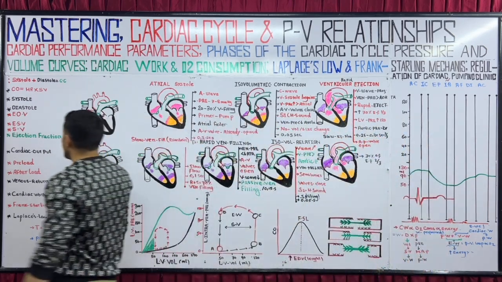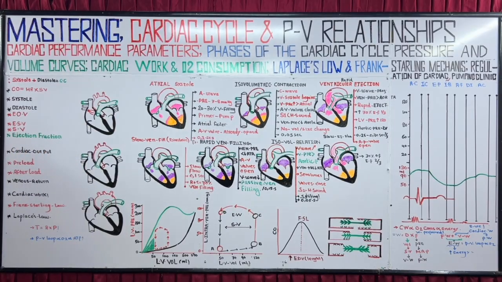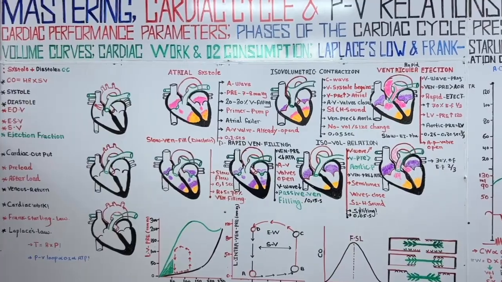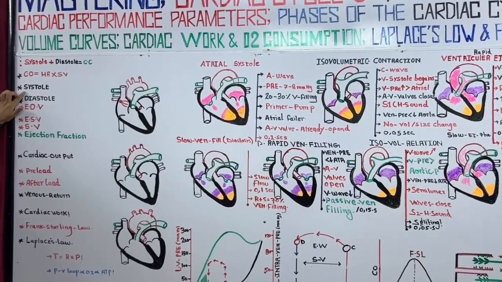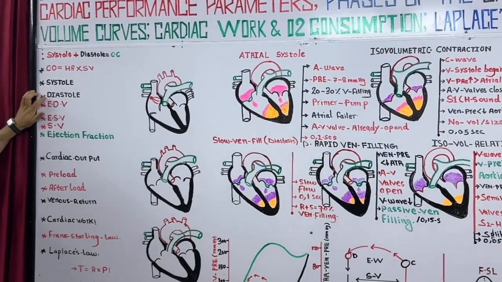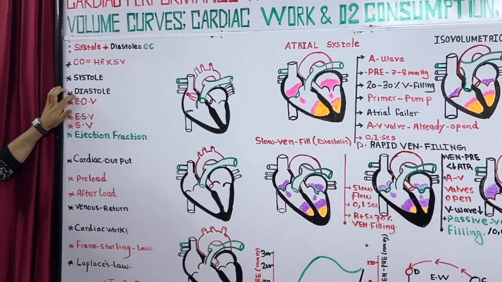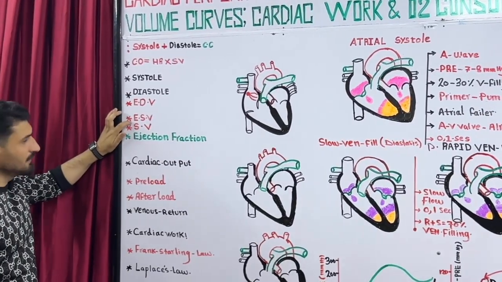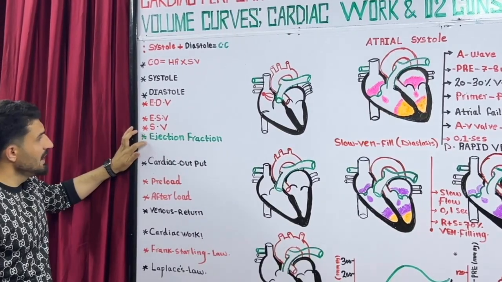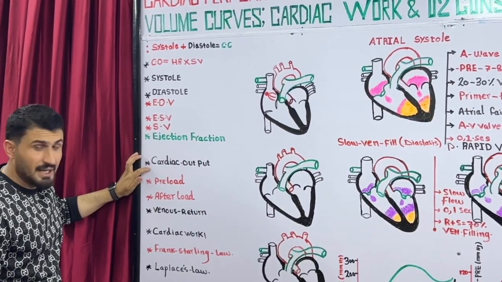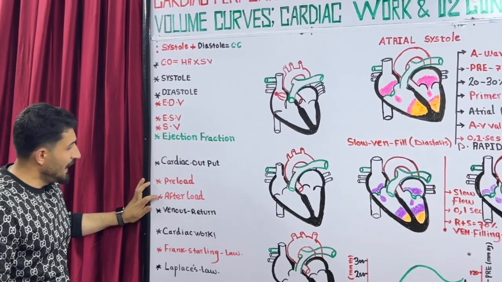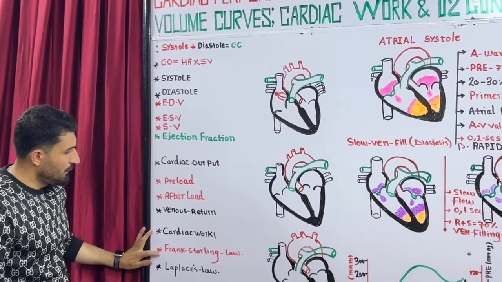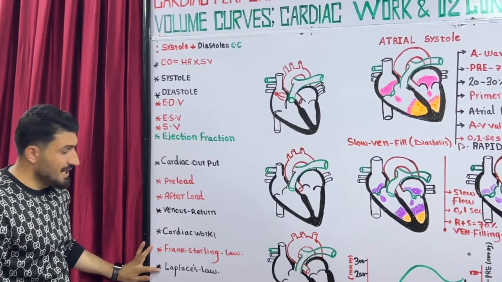So first of all, let me tell you what a systole is and what a diastole is. Then we will talk about end diastolic volume, end systolic volume, stroke volume, ejection fraction, cardiac output, preload, afterload, venous return, cardiac work, Frank-Starling law, and Laplace's law.